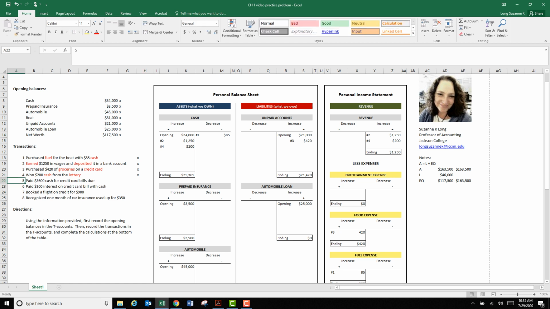Paid cash for credit card bills due. All right, that shows over 21,000, I guess. 3,600 is something. Okay, paid. Paid is a trigger word. Paid means negative cash, decreased cash, paid.